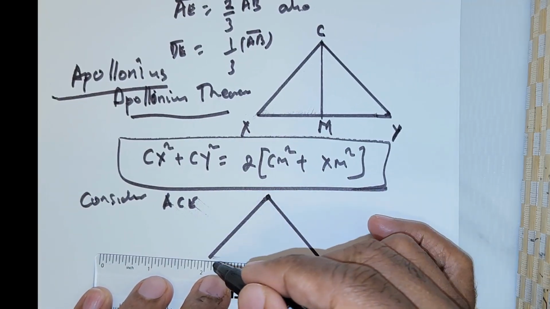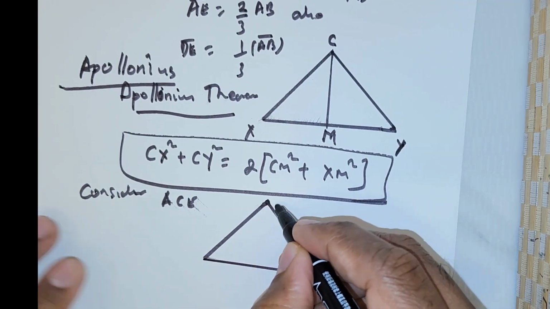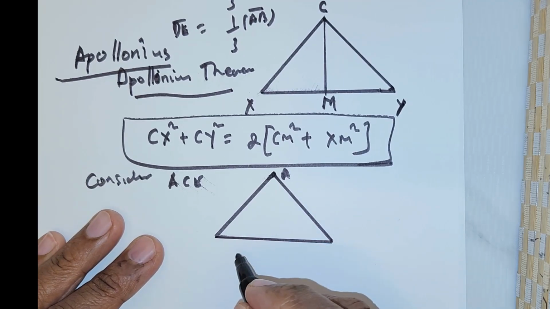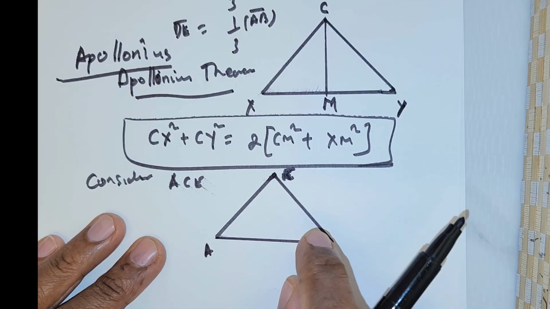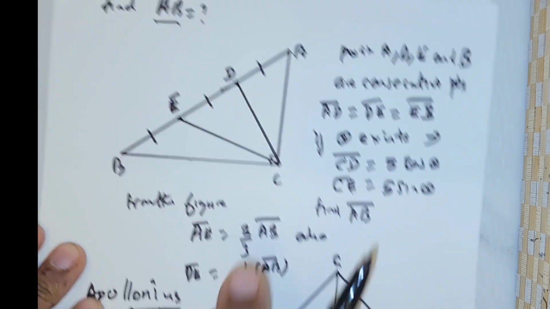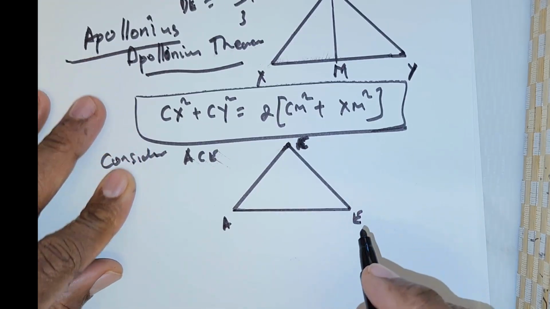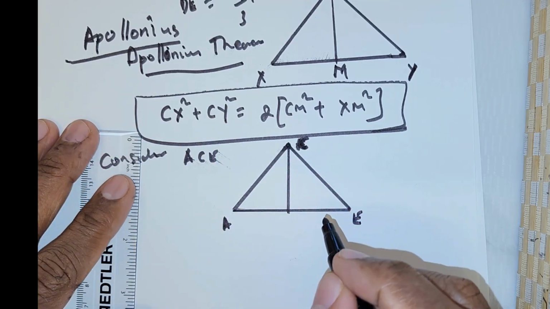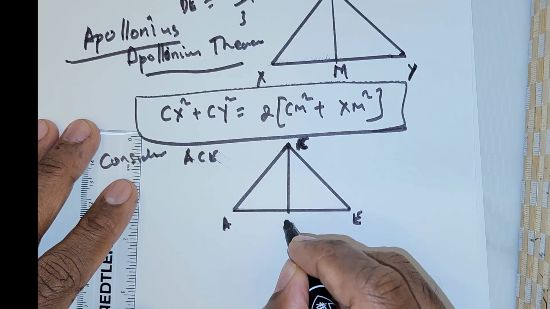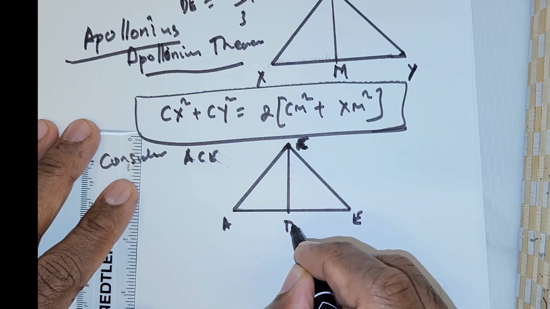Probably I'll take this as A and this as C, C being the top point, and this is E, and this point is D. So this is going to be CD.